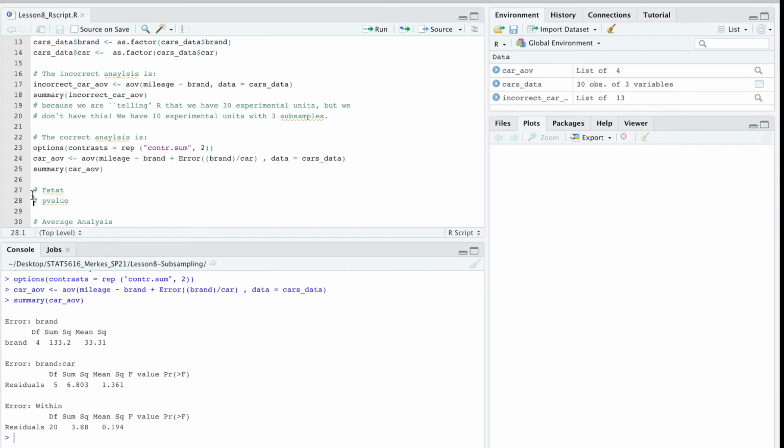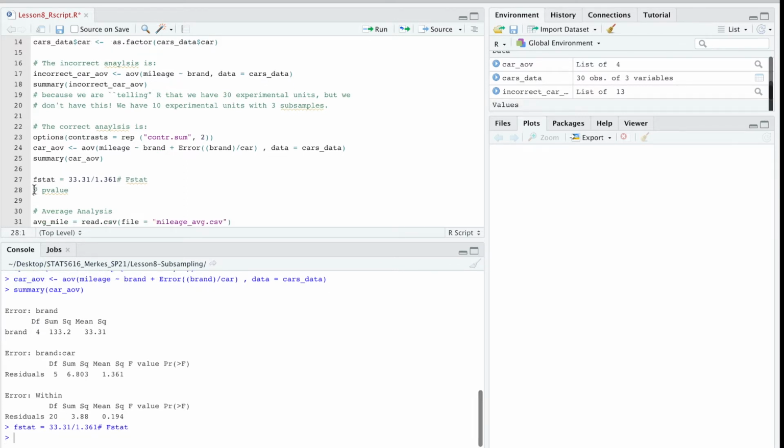So from our notes, we can recall that our F value is going to be our MST, 33.31, divided by our MSEE, which is 1.361. I'm going to save this as fstat. Now to get the p-value, we're going to go to our F distribution. We're going to look at our fstat.